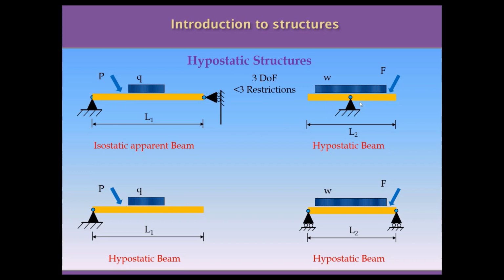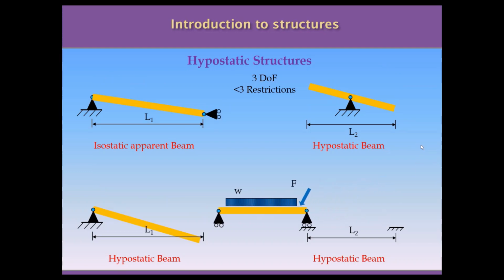If you have a pin support in the middle of the beam, you have a beam that is able to rotate around this point, so it's not stable, so it's hypostatic as well, because you are restricting only 2 of the 3 degrees of freedom that this beam has in the two-dimensional space. The same thing with the hypostatic beam shown here, and this last one, which is restricted by 2 rollers at the 2 extremes of the beam, allows the beam to move in the horizontal direction.